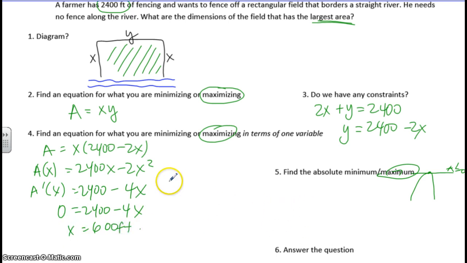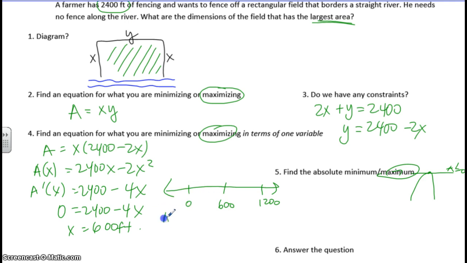Right? Now, when testing for this, I am testing less than 600, greater than 600. But let's be honest here, this x does have a minimum value of 0. It does have a maximum value. If all the way around is going to be 2,400 and x has to be split in 2, when y is 0, the maximum value has to be x is 1,200 here.